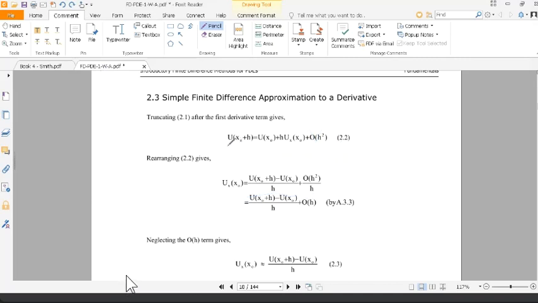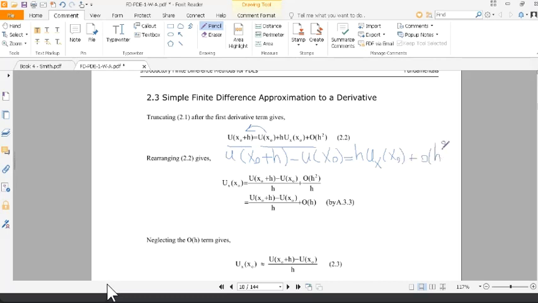Let's see. Then we have u of x0 plus h equal to u of x0 plus h u_x of x0 plus O(h^2). u of x0 goes to the left hand side, and we have u of x0 plus h minus u of x0, and the right hand side of 2.2 is h u_x, the first derivative of u at x0, plus O(h^2).